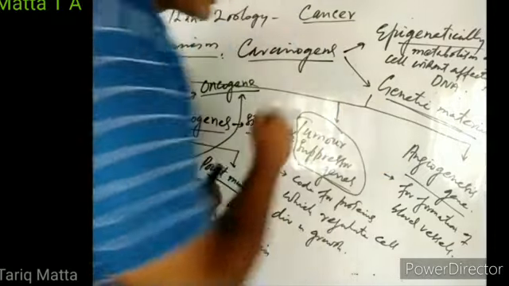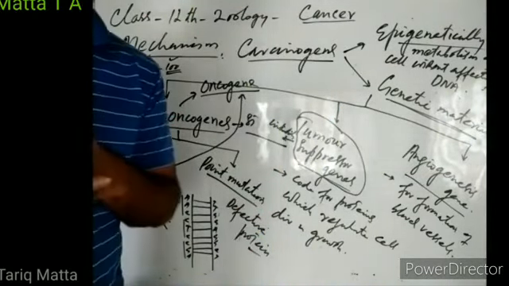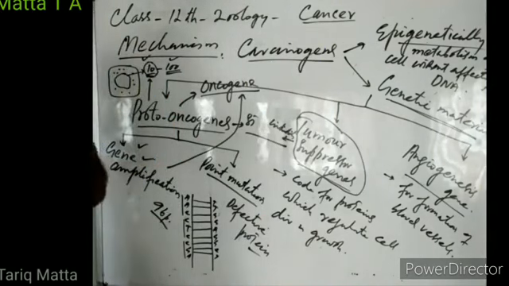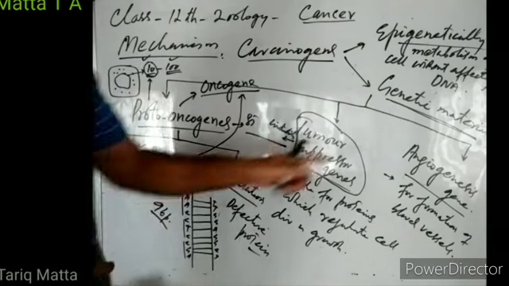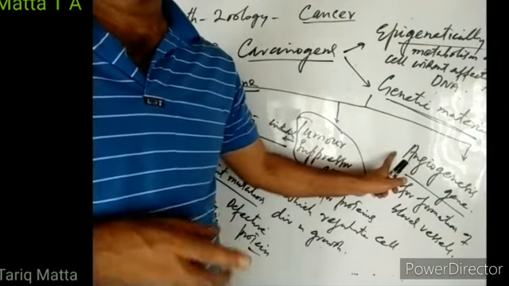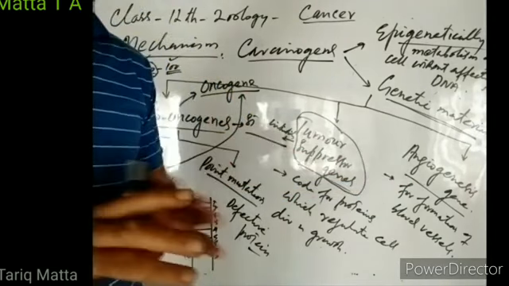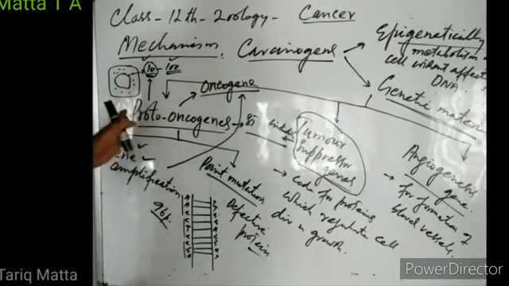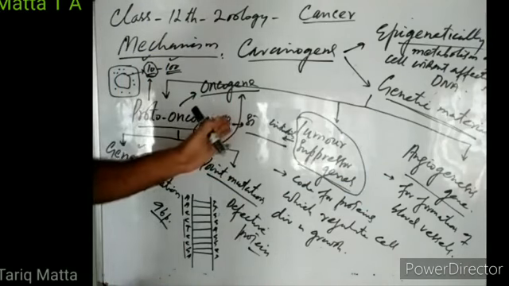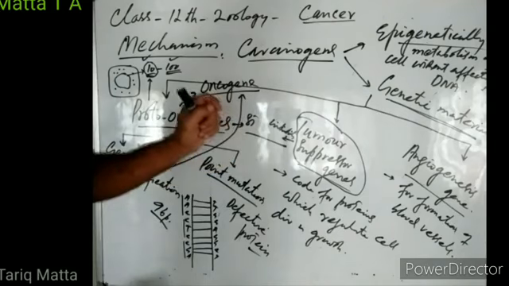Then there is another gene, that is the angiogenesis gene. This angiogenesis gene is involved in the formation of blood vessels in normal body organs. But when this gene also becomes mutated, it forms blood vessels in those tissues where blood vessels were not required. For example, a cell has escaped all the methods which were regulating its cell division and growth.